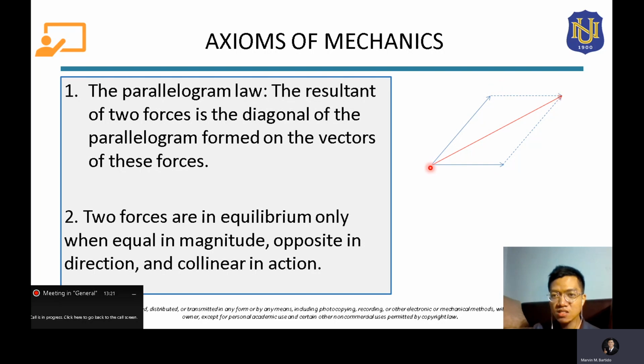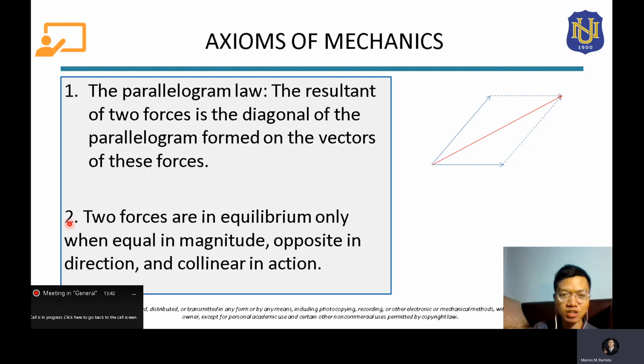As you can see here, there is a parallelogram form. The diagonal of the parallelogram will be the resultant. This is an important principle that we're going to use for the succeeding topics.